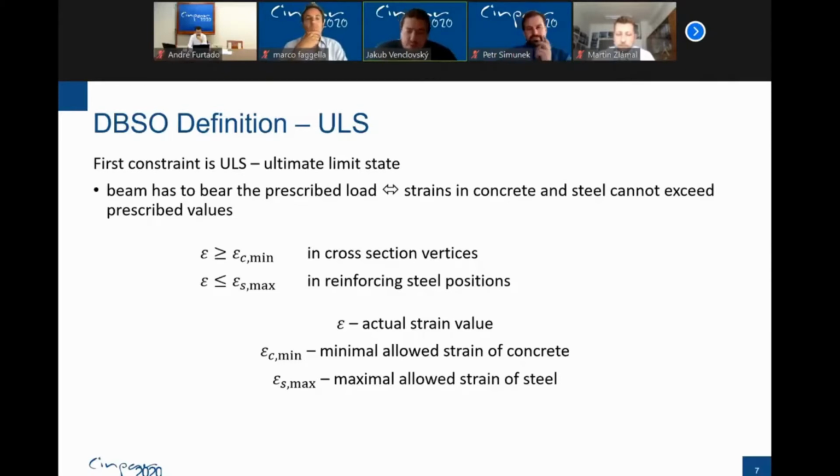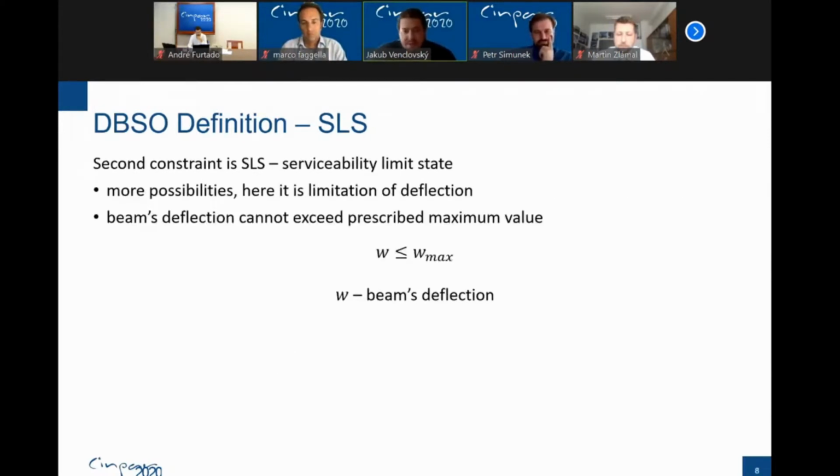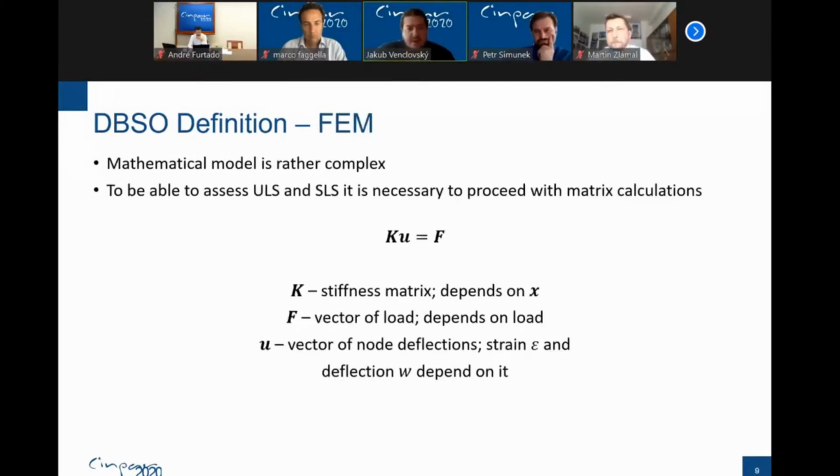There's a minimal allowed strain in concrete for compression and a maximal allowed strain in steel for tension, which is very well known. Then there are serviceability limit states. There are many options what to limit here, but my work focuses only on limitation of deflection. So the deflection cannot exceed the prescribed maximum value.